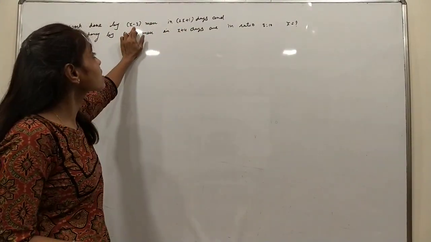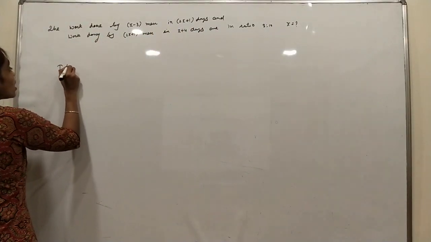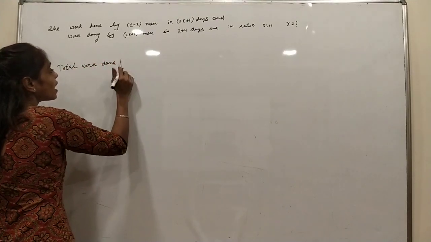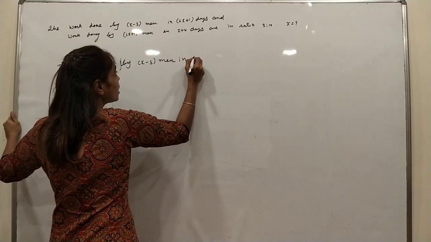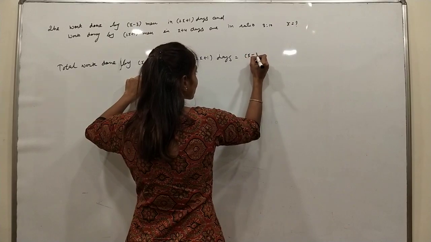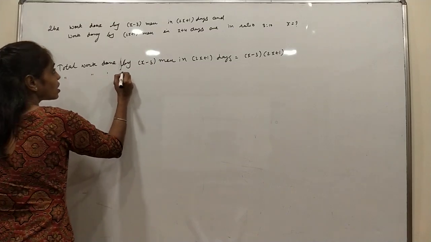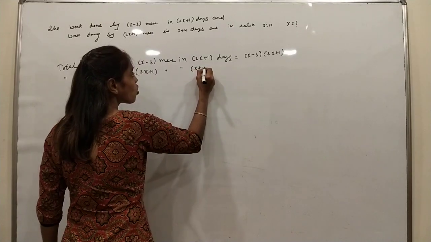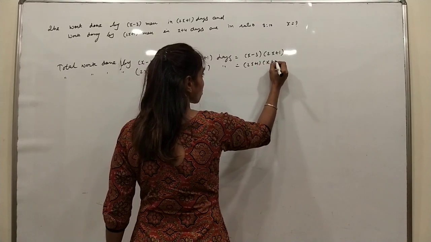done by x minus 3 man in total 2x plus 1 days, that is the total work done. So total work done by x minus 3 man in 2x plus 1 days equal to x minus 3 and 2x plus 1, and same as total work done by 2x plus 1 man in x plus 4 days equal to 2x plus 1 and x plus 4.